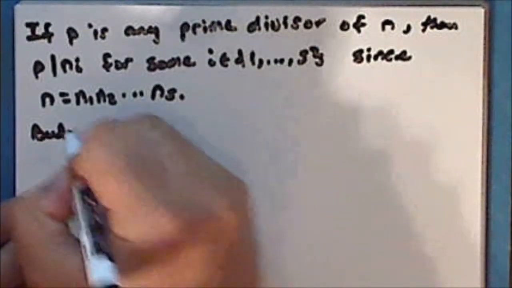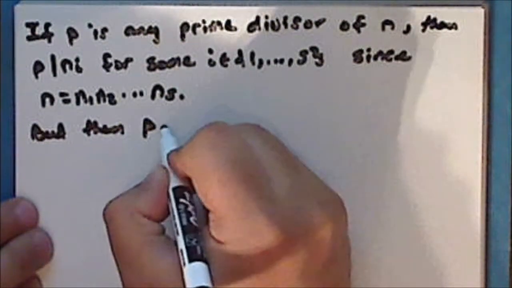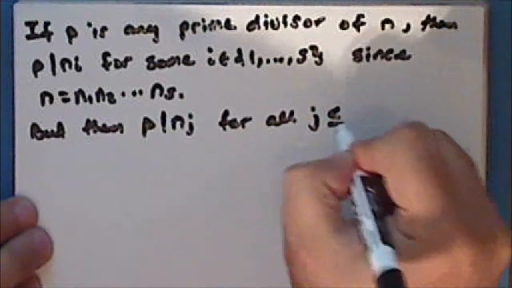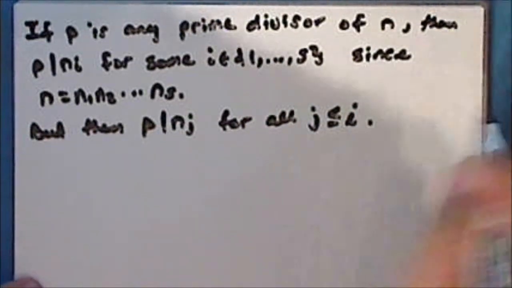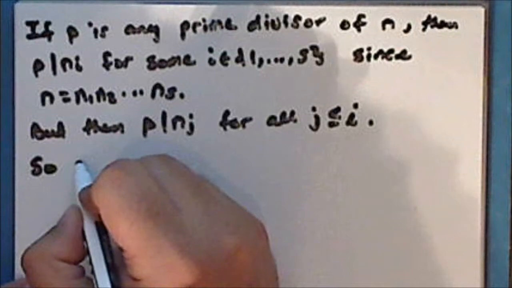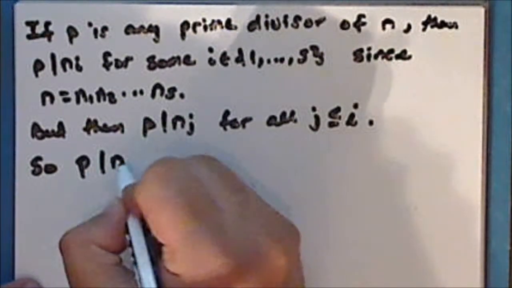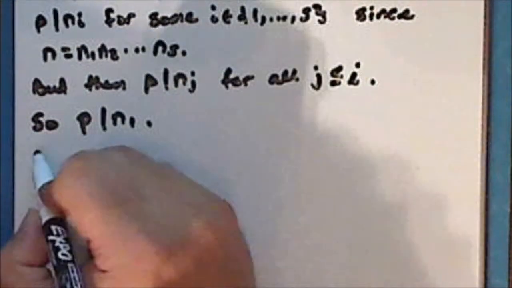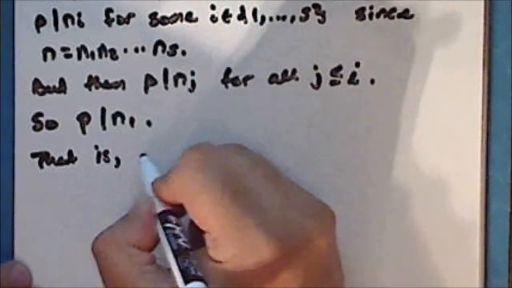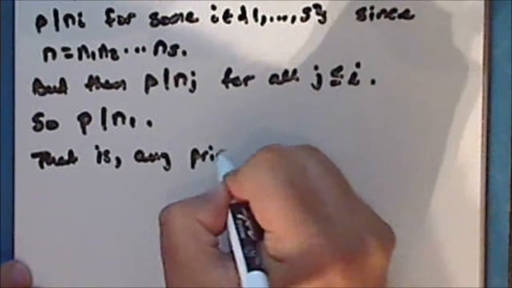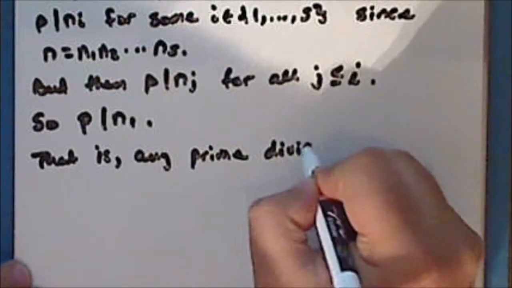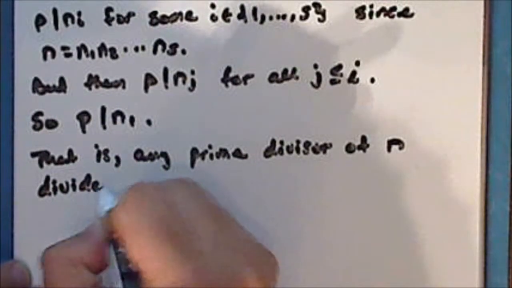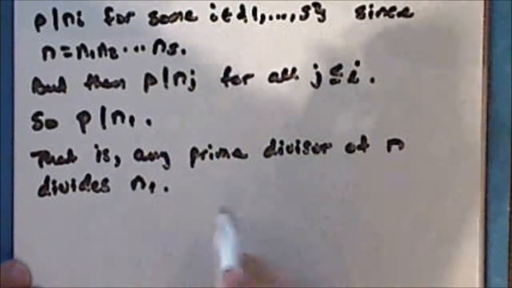But then the prime p divides n sub j for all j less than or equal to i. And so p divides the first invariant factor, n sub 1, that is, any prime divisor of n divides the first invariant factor, n sub 1.